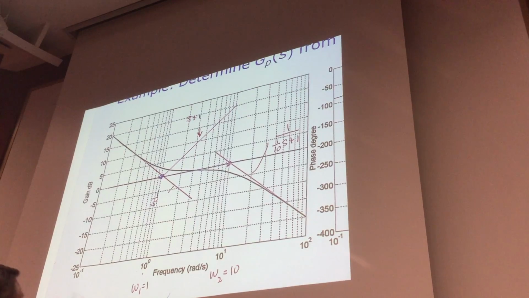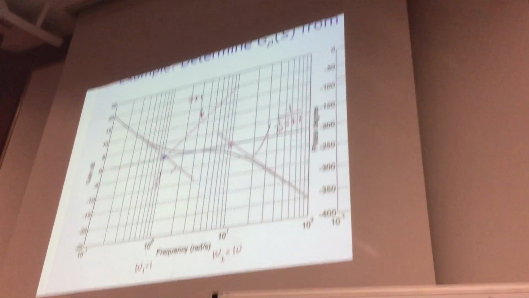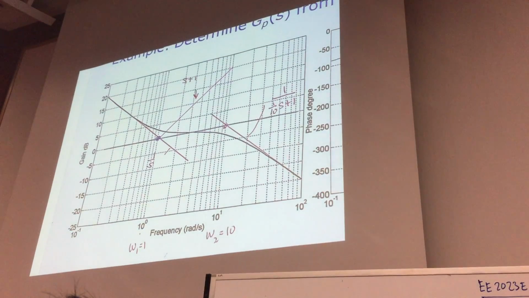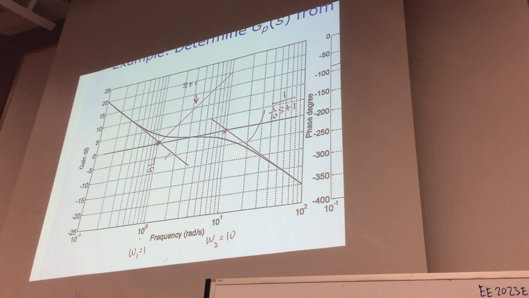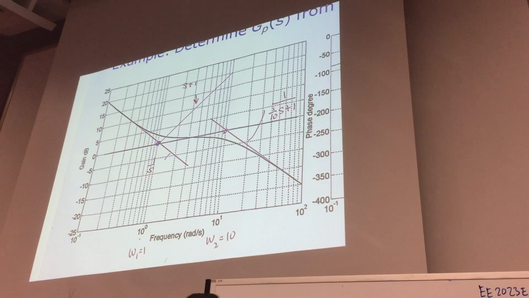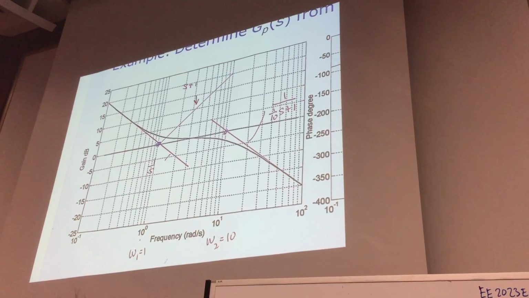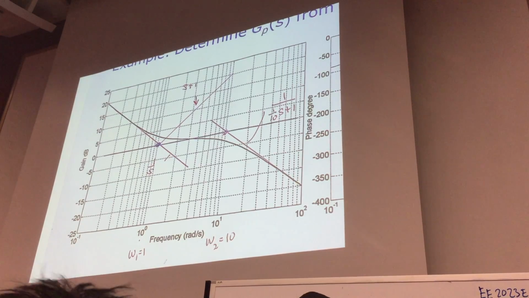If I put these three things together, you will find that my G(s) is K times 1 over s, times the second part, s plus 1, times 1 over 10 s plus 1.